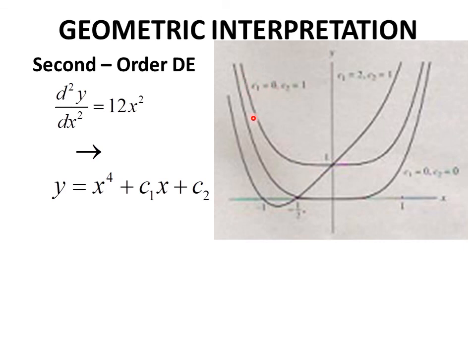There are multiple solutions, but only three of the solutions are shown here. For example, this curve is the curve for c1 is equal to 0 and c2 is equal to 1. This curve is the curve for c1 is equal to 2 and c2 is equal to 1. And this curve is for the case when c1 is equal to 0 and c2 is also equal to 0.